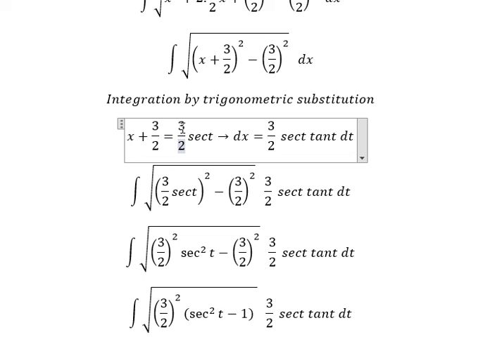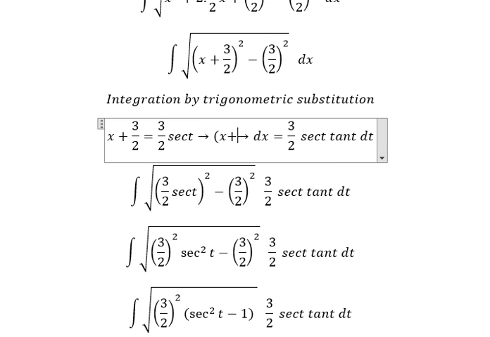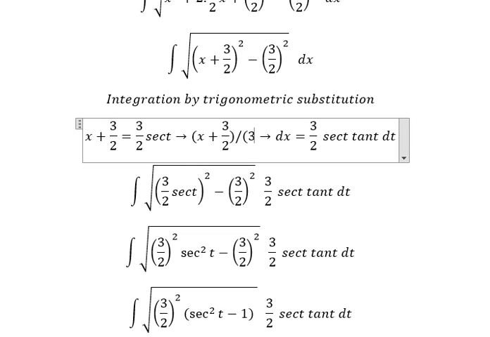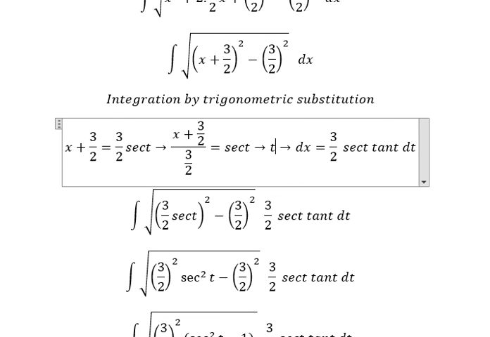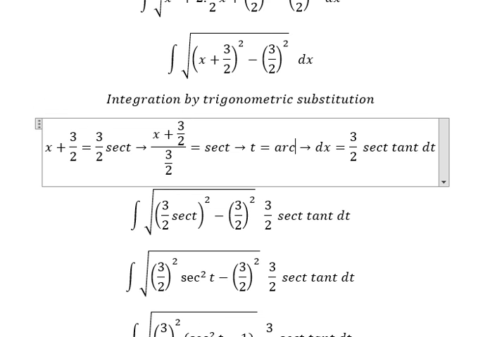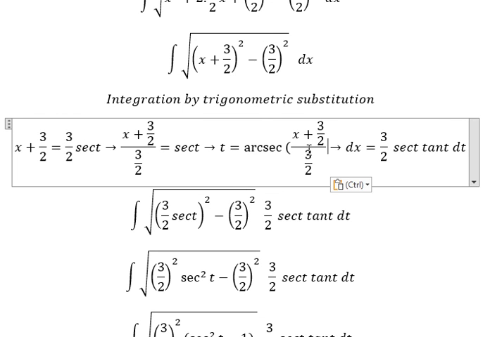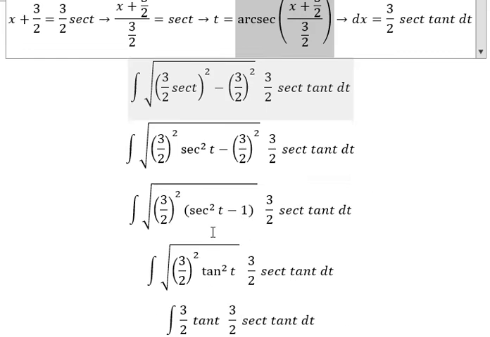So we divide both sides by 3 over 2. So we have t equals to arc secant of this one. So I will put this one to change for t.